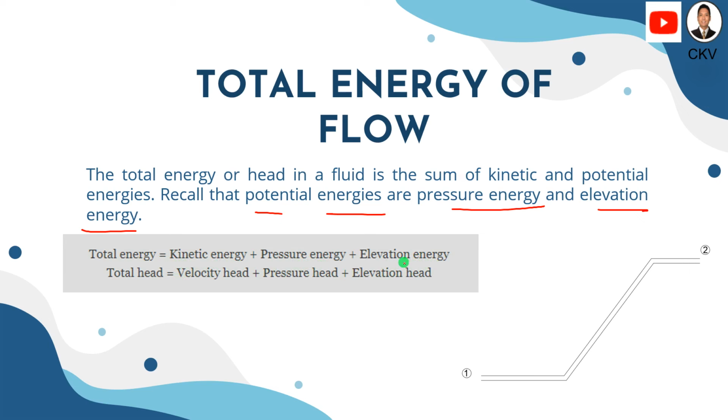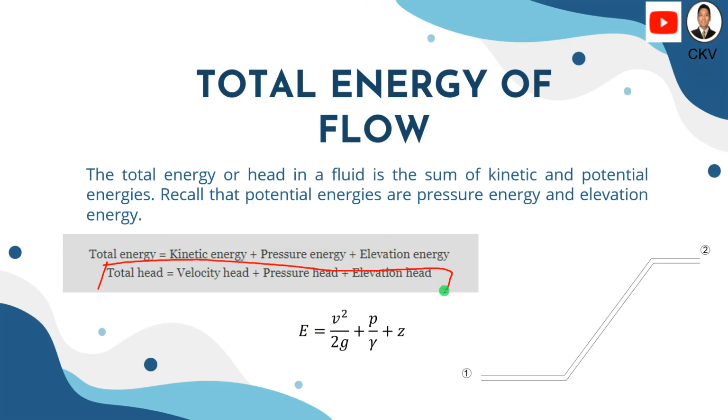If you're going to compute the total head, just add the velocity head, the pressure head, and the elevation head. Usually if we are required to determine the total energy, it is referring to the total head. That's why we have an equation here for the total energy, which is v squared over 2g, the velocity head, p over gamma, the pressure head, and z as the elevation head. So our total energy here is expressed in meters.